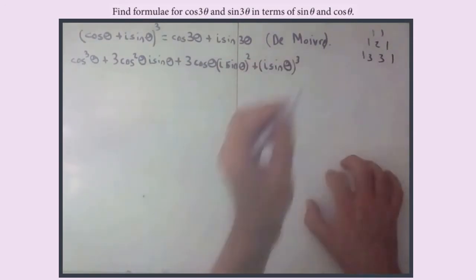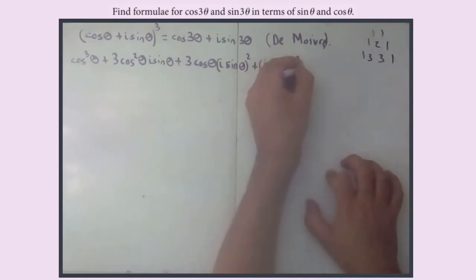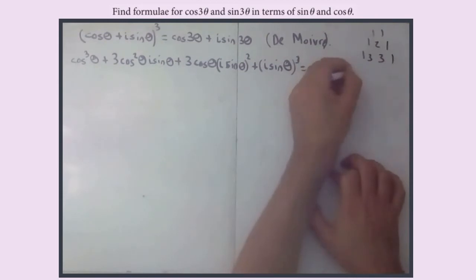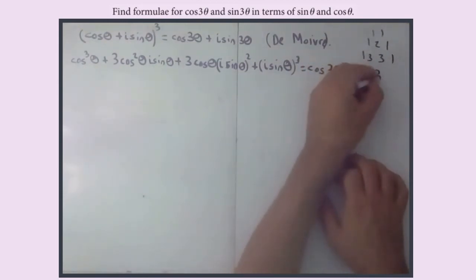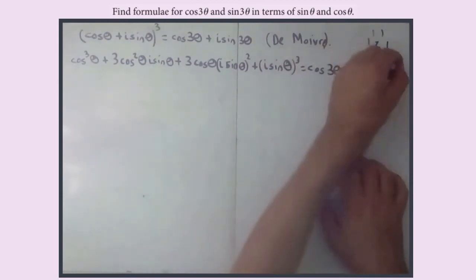All of that equals cos 3θ plus i sin 3θ. Just separate that triangle off.